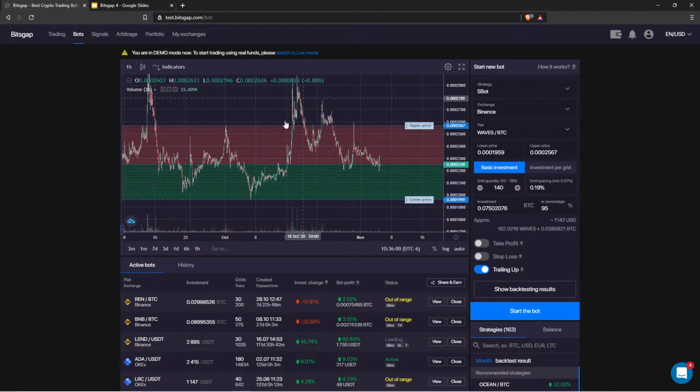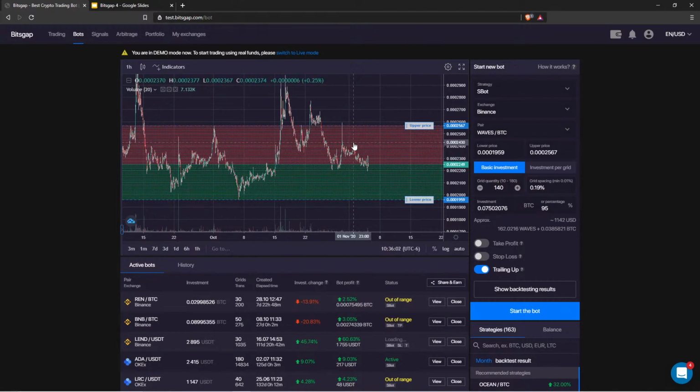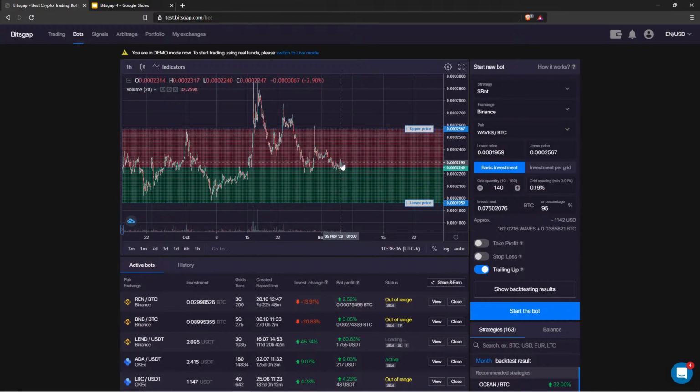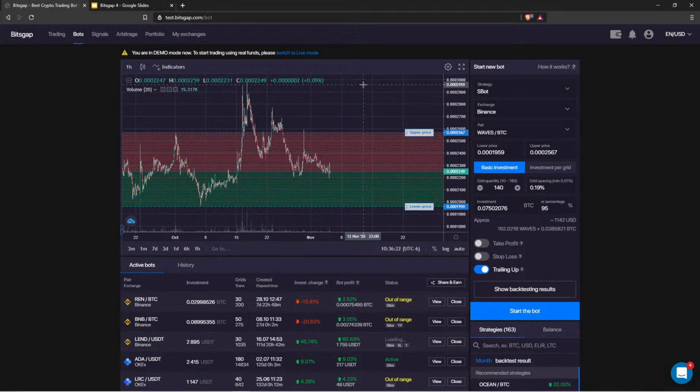So basically the trading range within which the bot is going to execute trades on your behalf. If the price moves lower, it's going to buy the base currency, and when the price moves higher, it's going to sell the base currency. So the idea of the bot is to buy low and sell high, and the effect is the marginal profit from the market.